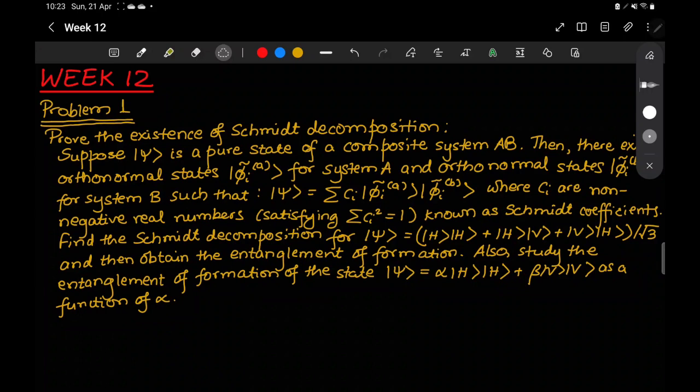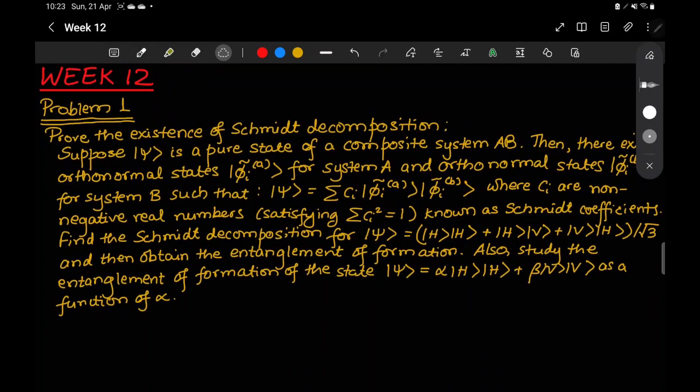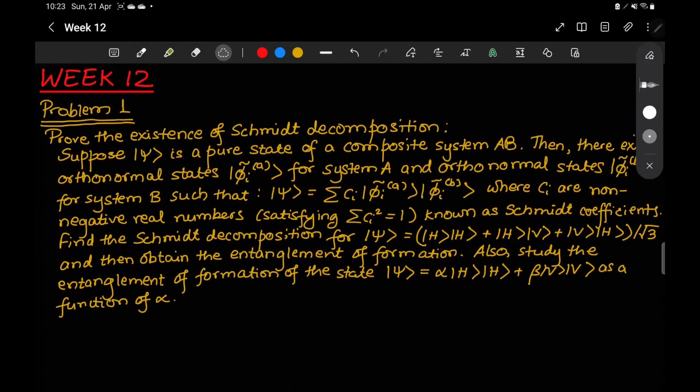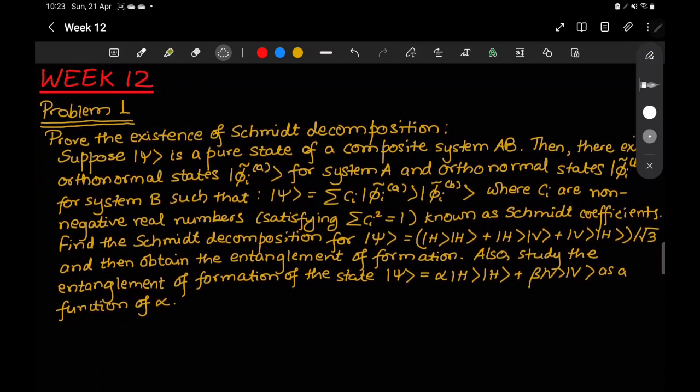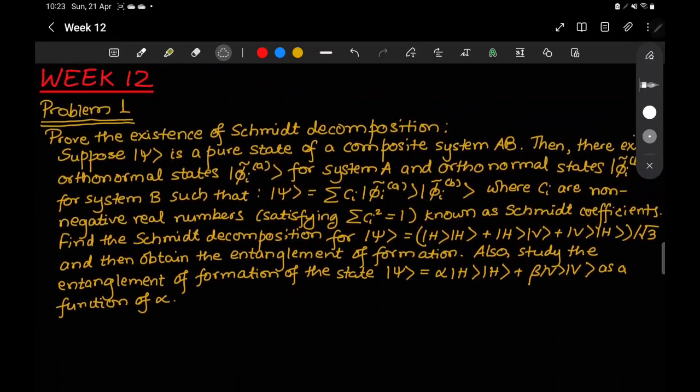The first problem is on Schmidt decomposition. Prove the existence of Schmidt decomposition. So we need to show that Schmidt decomposition exists. Suppose psi is a pure state of a composite system AB.